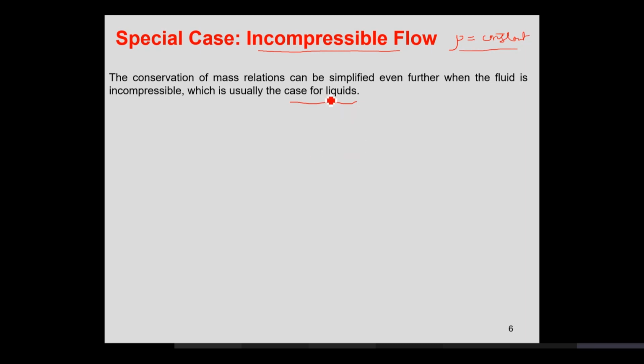Anyways, for the case of liquids, which are incompressible substances, density is essentially constant. If you have a steady incompressible flow, the summation of mass flow rate into the system is equal to the summation of mass flow rate out of the system. This is the mass balance equation for a steady state process. If I have a single inlet and single outlet, I would write it as mass flow rate into the system is equivalent to mass flow rate out of the system.